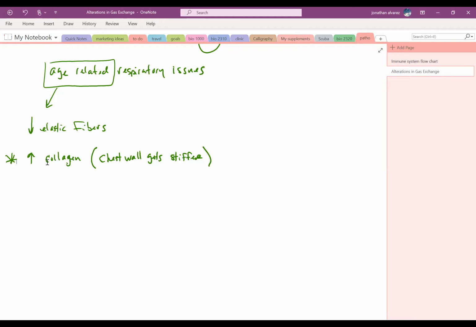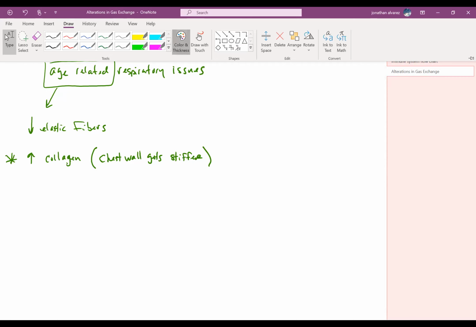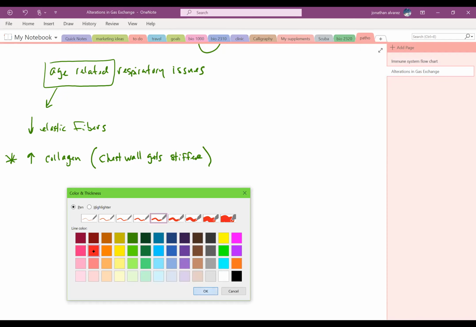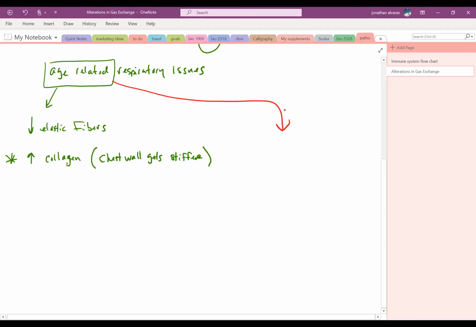Okay, they can also have an increase in alveoli size. All right. And what this does is it increases what's called the dead space. Okay, increases dead space.